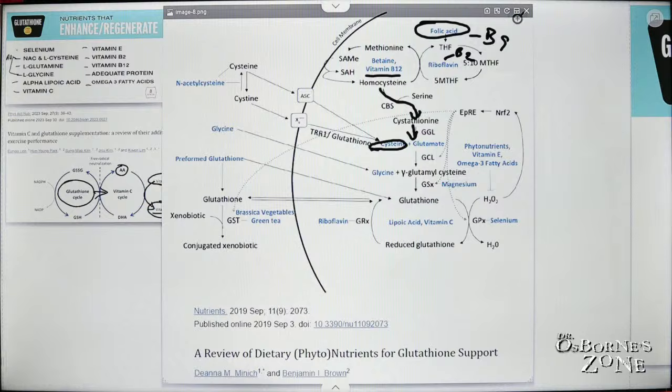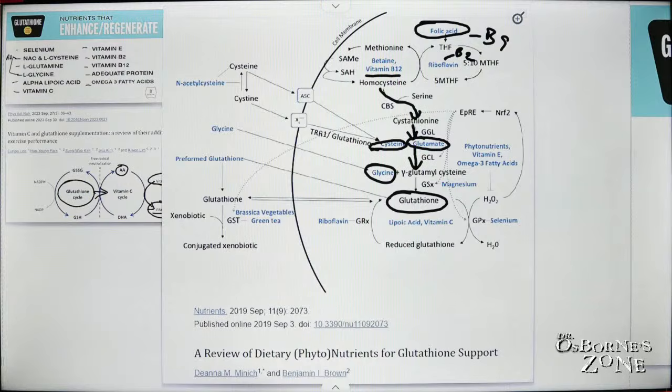Remember, cysteine is one of the amino acids that we need to form glutathione. And so then you get to cysteine and you add glutamate to that. And then down here in one more reaction, you take that molecule and you add glycine to it, and that's how you get glutathione.